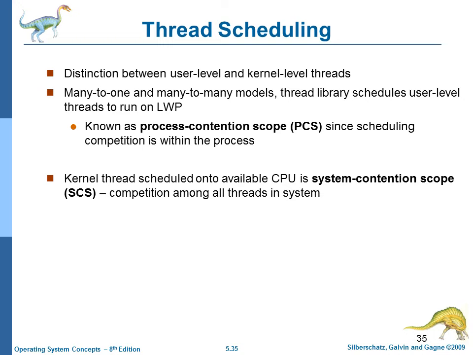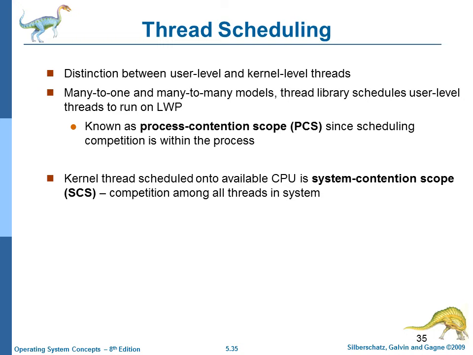On systems implementing many-to-one and many-to-many threads, process contention scope, PCS, occurs between threads that are a part of the same process. This is the management scheduling of multiple user threads on a single kernel thread, and it is managed by a thread library.